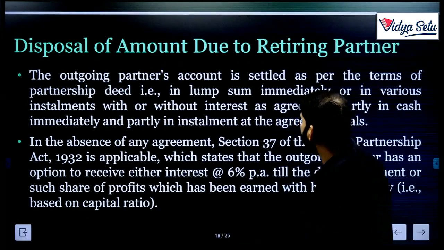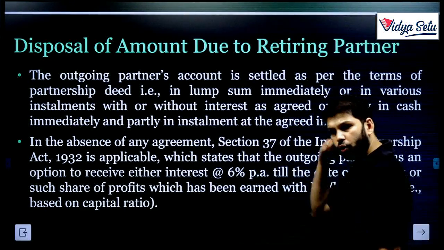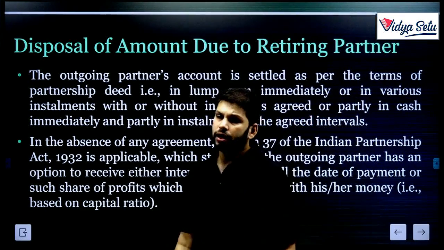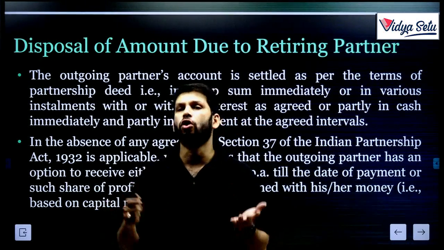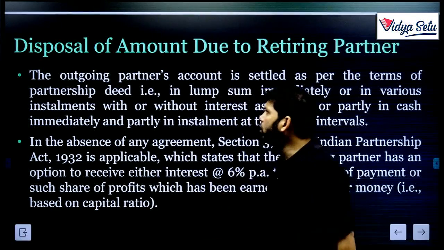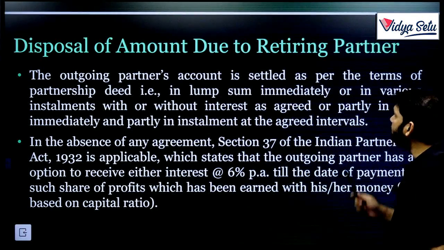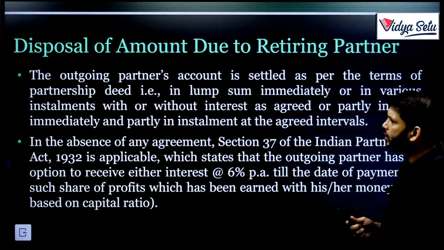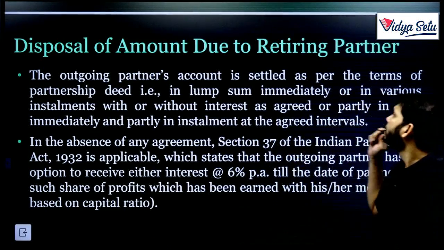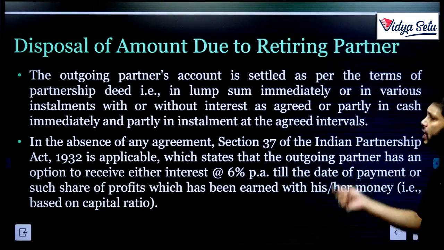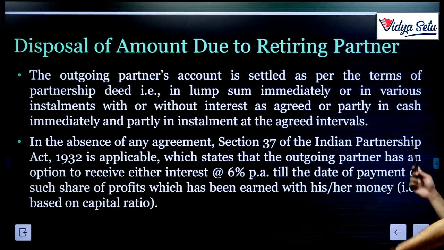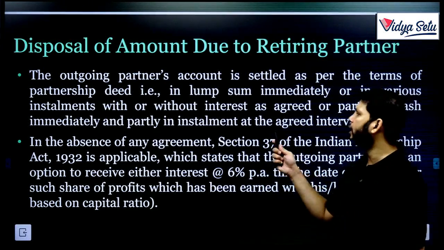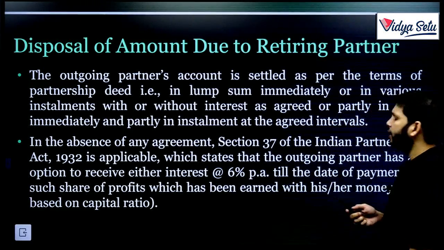Disposal of amount due to the retiring partner: how we are going to give the money to the retiring partner. The outgoing partner's account is settled as per the terms of the partnership deed, that is in lump sum immediately, or in various installments with or without interest as agreed, or partly in cash immediately and partly in installments at the agreed intervals.